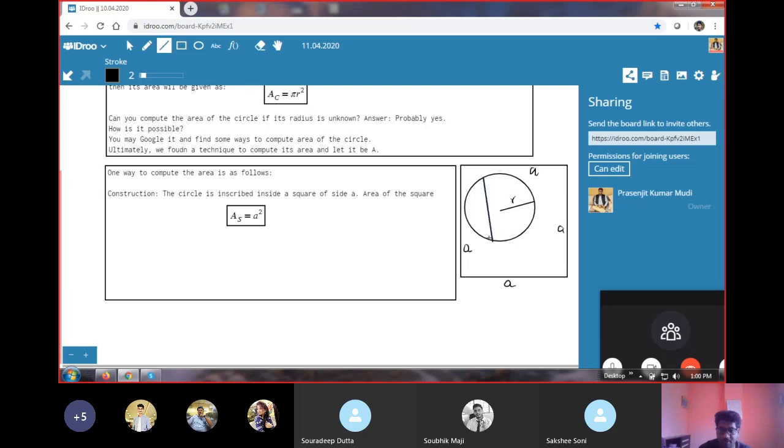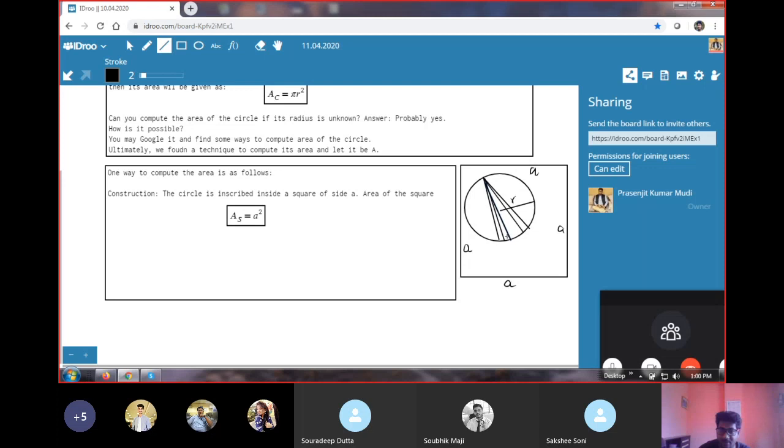Within this region, construct several chords like this, this, this. What do we call it? In Bengali we say jya, what do you say in English? Anyway.